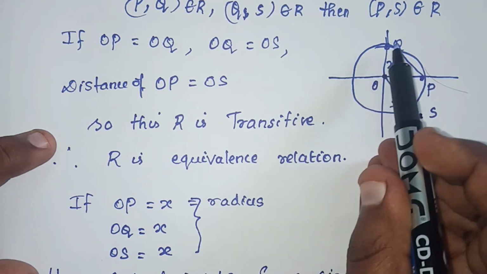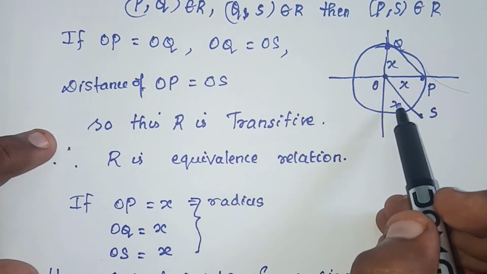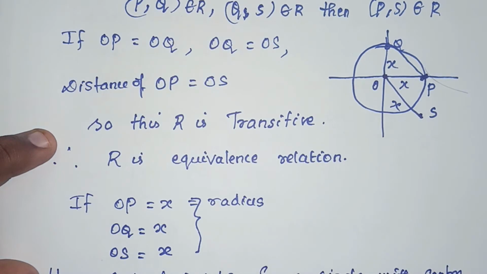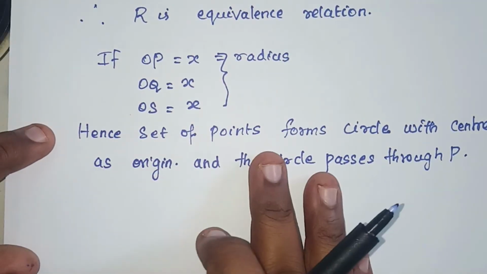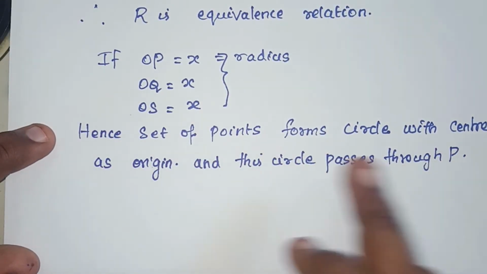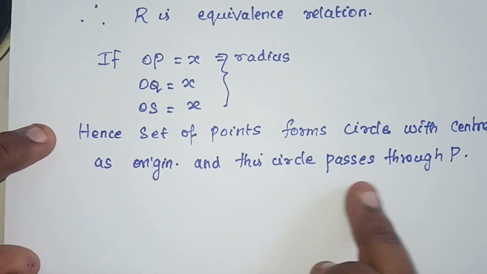So we can draw a circle by connecting all the points related to this point P. So hence we proved the set of points forms a circle with center as origin and this circle passes through P.